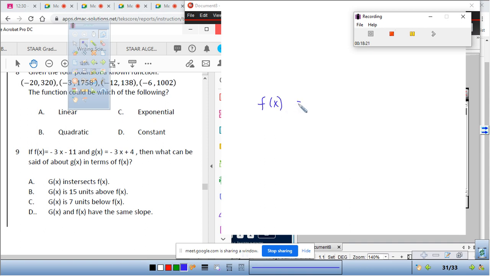I can do it by hand real fast. Maybe I should use the calculator because it's going so slow. Negative 3, okay, it goes to a negative 11, and has a slope of negative 3. Pretty steep right there. That's f of x.